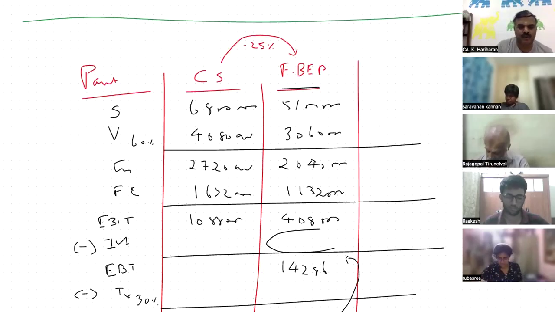Now, interest amount remains the same, 3 lakh 93,714.